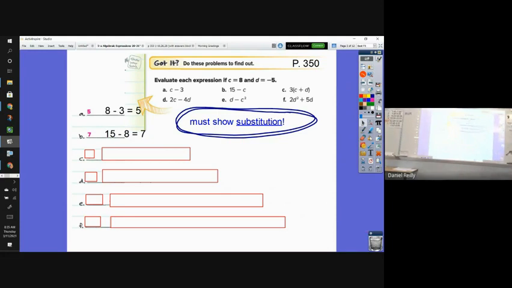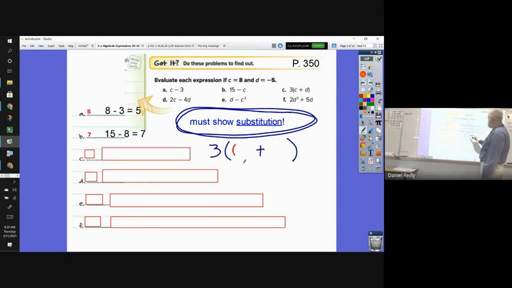All right, number C. Now it starts getting a little more complicated, right? Here's how I suggest you start this type of problem. Write out the expression without any variables in it, and then substitute in for each variable. And if there's a lot of negatives and stuff going on here, you can put them in parentheses, okay? So I'm going to do it in a different color because I can.